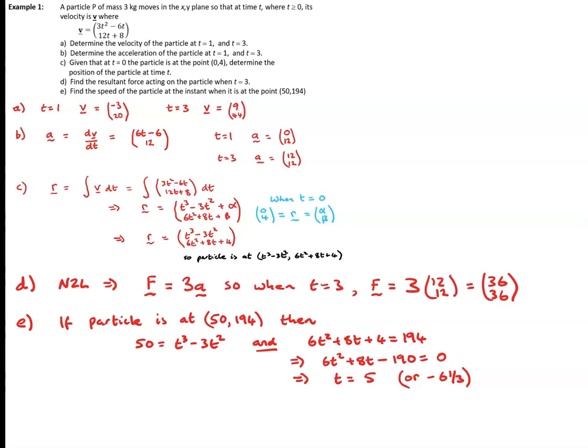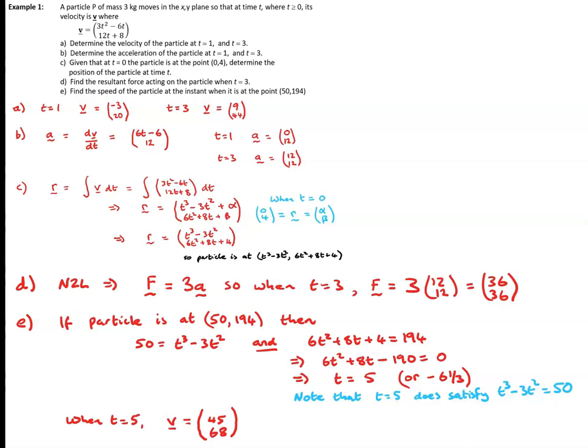It's worth just checking at this stage that if we've got t equals 5, then t cubed is 125, take away 3t squared, which is take away 75, which does indeed give me 50. So when t equals 5, the velocity of the particle is given by 3 times 5 squared take away 6 times 5, which is 45 as its x component, and 12 times 5 plus 8, which is 68 as its y component.